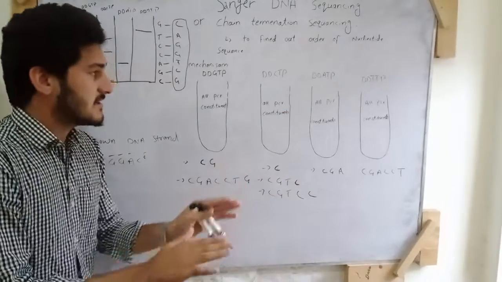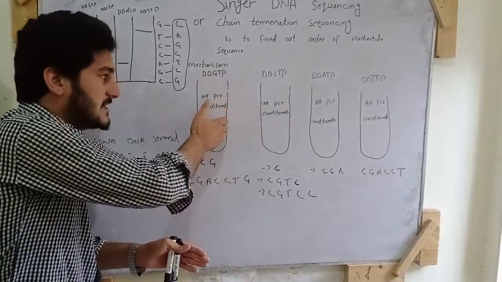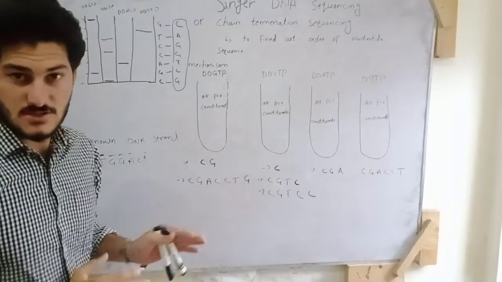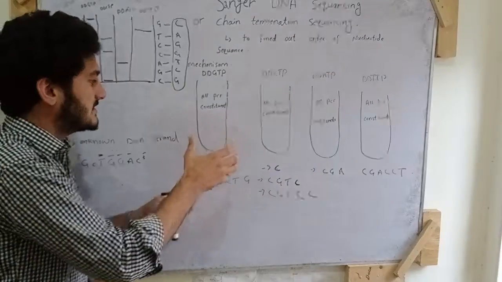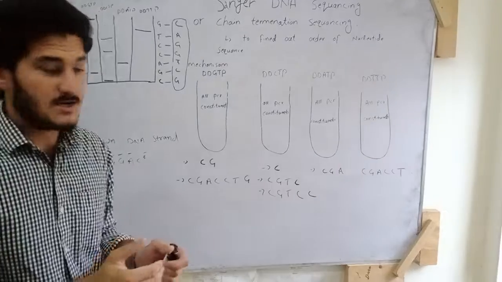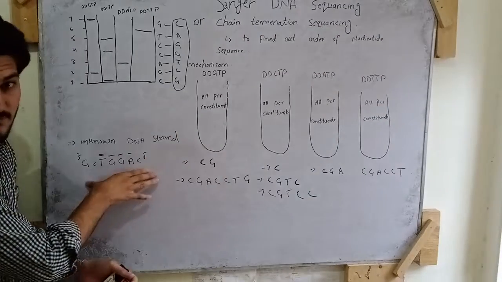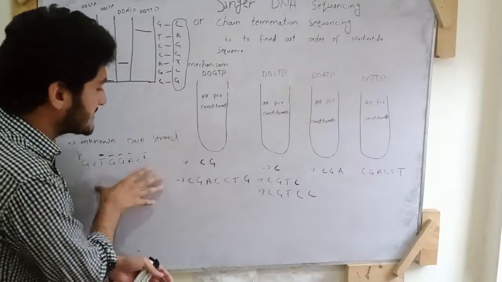So when we start the PCR and add our template into these four different tubes, what happens? The Taq polymerase adds nucleotides to the template strand. This is our unknown template strand, in which we want to find the order of the nucleotide sequence.